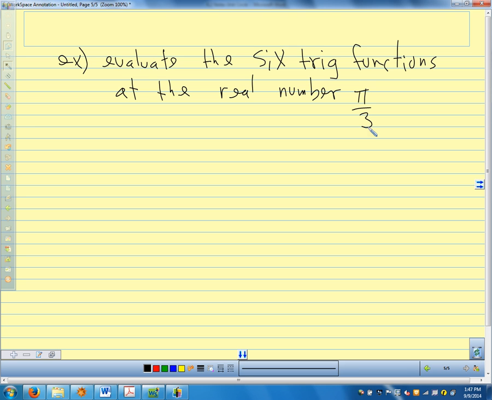What this is asking you is to find the sine, the cosine, the tangent, the cotangent, the secant, and the cosecant of pi over 3. Pi over 3 is our unit circle angle. On the unit circle, what are our coordinates that we associated with pi over 3? One half and square root of 3 over 2. That's cosine of pi over 3. That's sine of pi over 3. That's my x and that's my y.